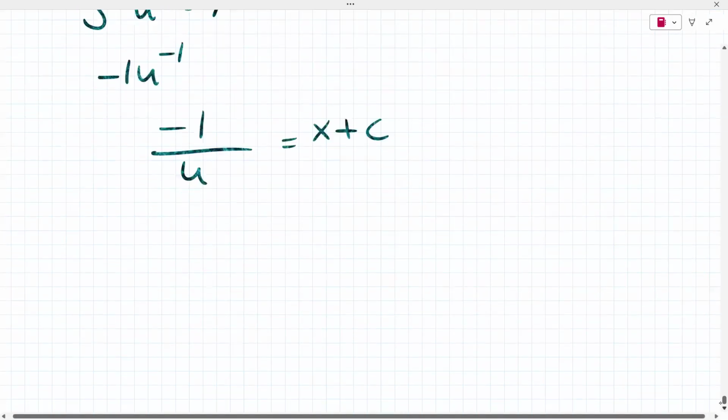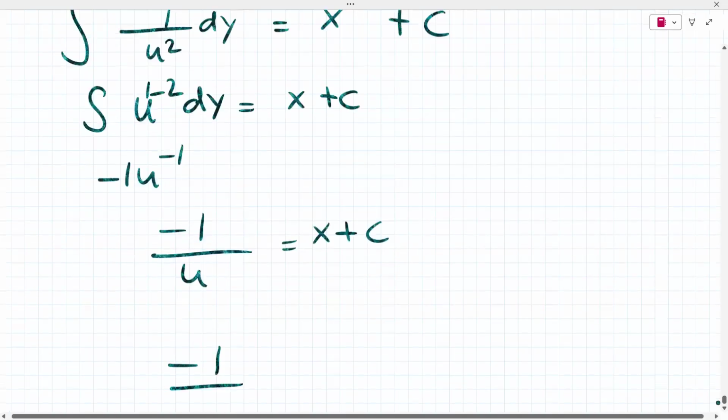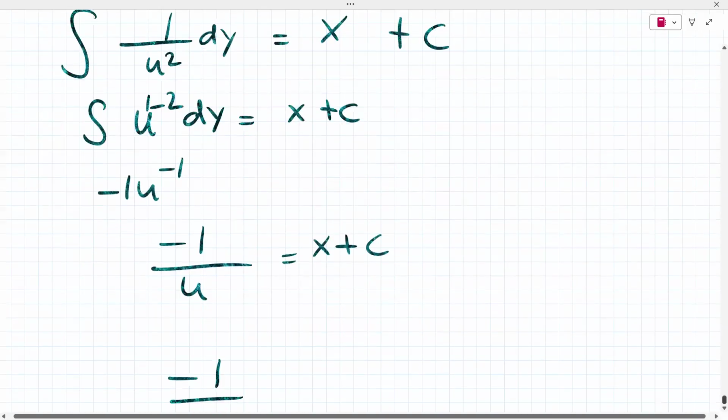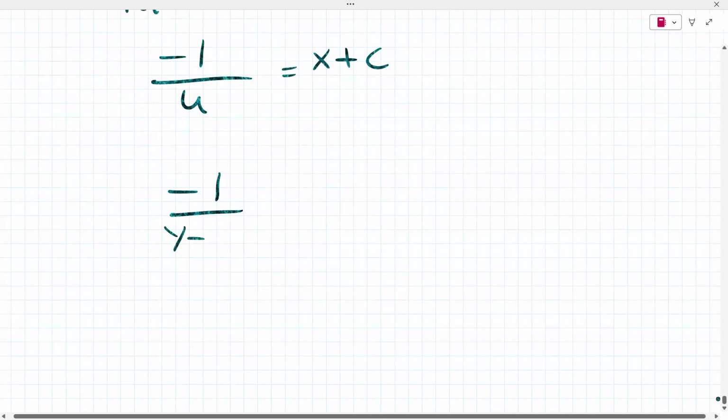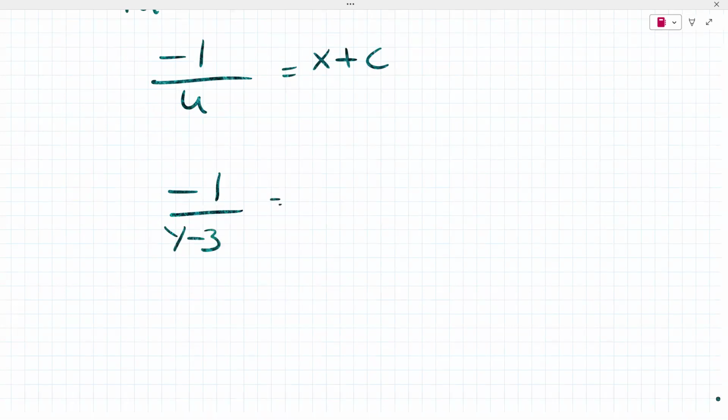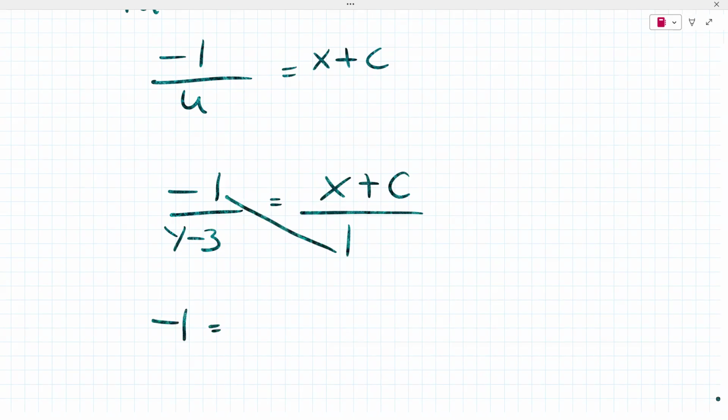And what is our u? We said our u was y minus 3. So negative 1 over y minus 3 equals x plus c. Then cross multiply: 1 times negative 1 is negative 1, and this is going to be (y minus 3) times (x plus c).